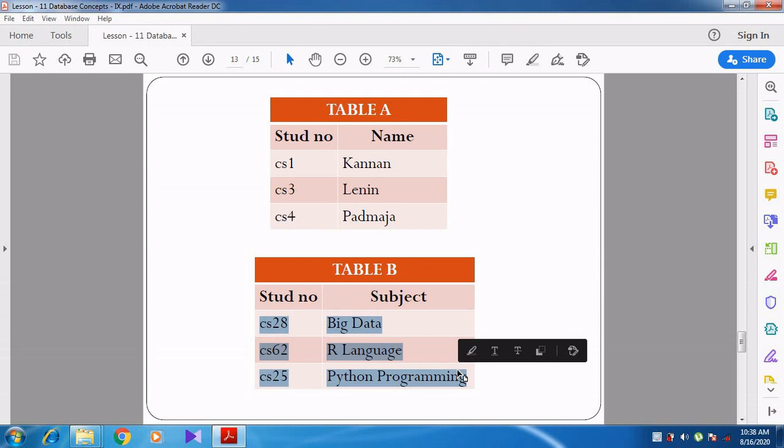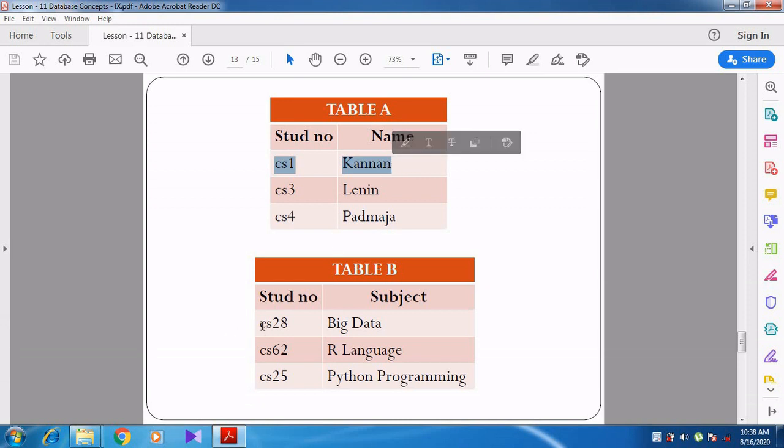So when I go for Cartesian product, cross product, now what will happen? CS1 Kannan should be combined with the CS28 big data. Then again CS1 Kannan is combined with the CS62 R language. Then CS1 Kannan is combined with CS25 Python program.